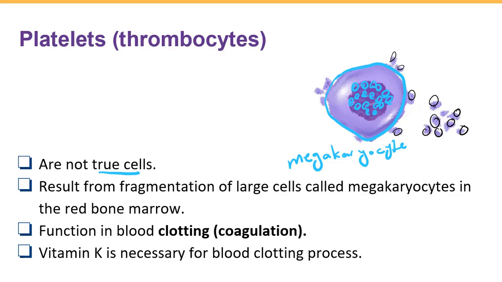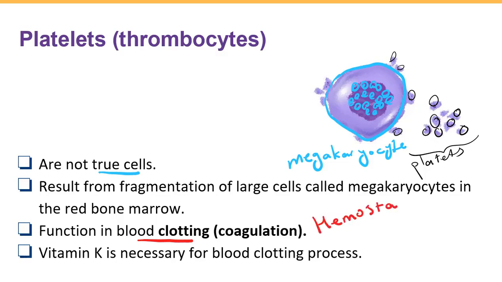But what is the function of the platelet? Why do we have platelets in our blood? As you remember, one of the blood functions is protection against bleeding. So blood clotting can happen, and platelets are involved in the formation of a clot, which is called blood clotting, coagulation, or hemostasis.